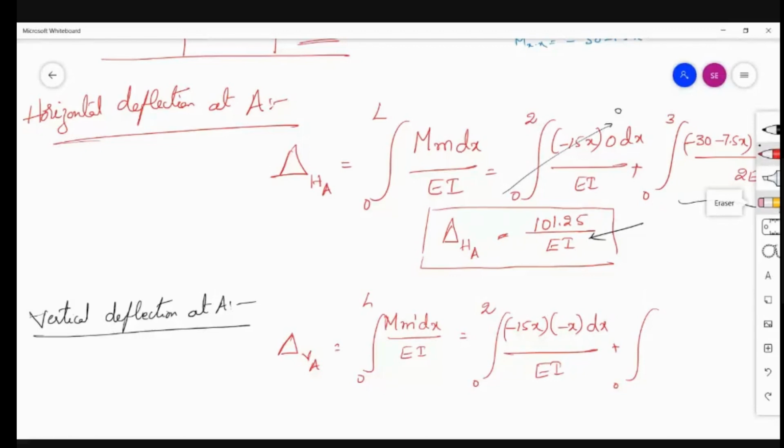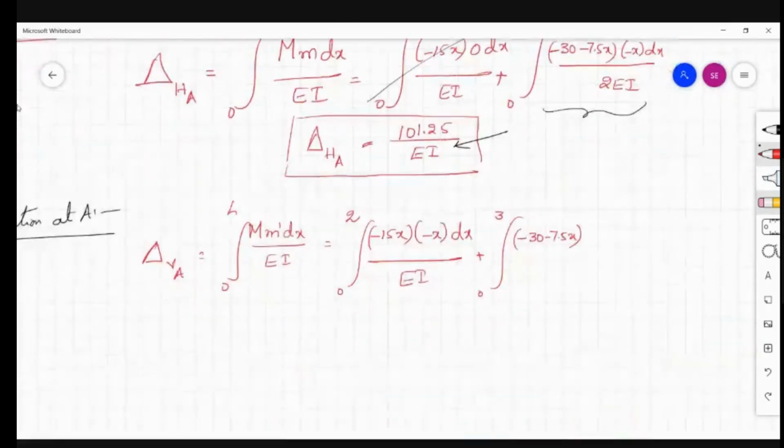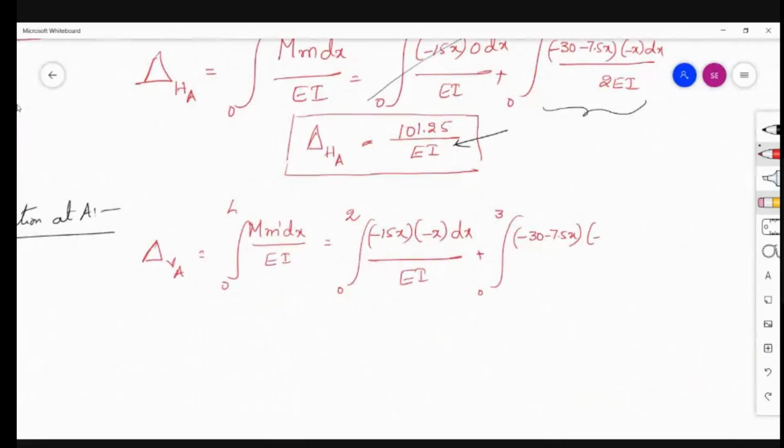The limits are 0 to 3. M is minus 30 minus 7.5 into x, into M dash, the small M dash value, minus 2. So this is minus 2 into dx by 2EI. Upon simplification this will give you 163.75 by EI, which is your vertical deflection at A.